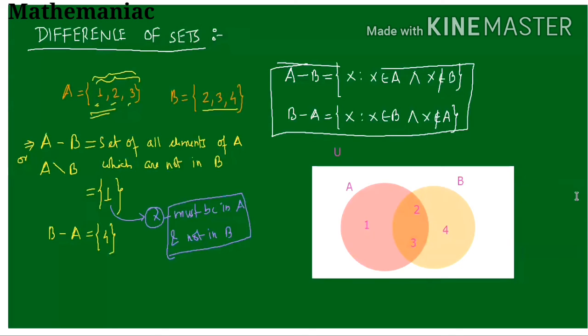So this is the Venn diagram which depicts the example I have shown. From here, if I draw an arrow, this is A minus B and this is B minus A. And you already understood that this part is the intersection. Please note it down. And once you finish with it, let me know.